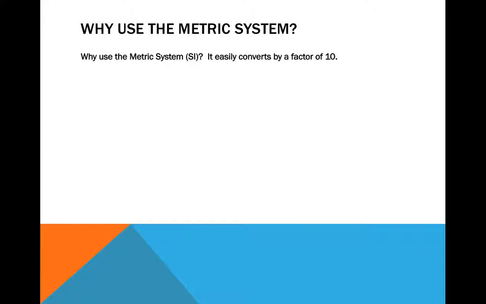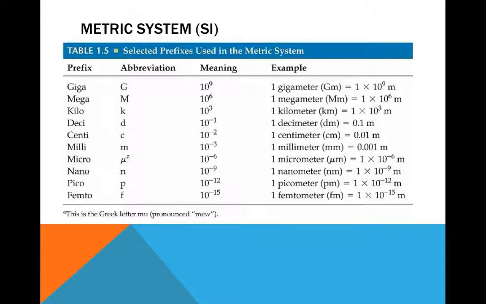We use it because it easily converts by a factor of 10, right? And if I can refer back to this real quickly, where the meaning is, it shows it in scientific notation here, but your meaning on your paper shows how it's by tens, right? It's a lot easier to think, okay, if I have a centimeter and I'm converting to millimeters, I'm just going to multiply by 10 because there's 10 millimeters in a centimeter. And that's how every prefix is dealt with in the metric system.